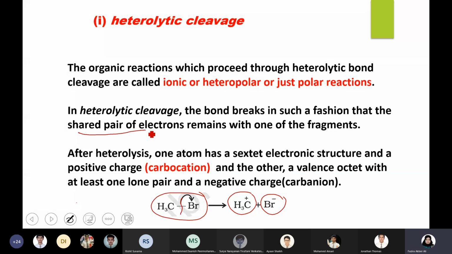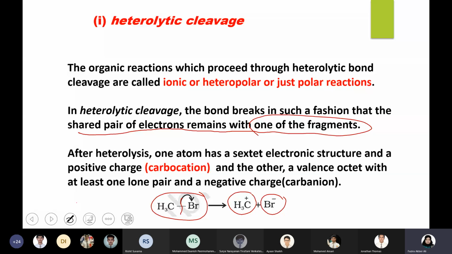In heterolytic cleavage, the shared pair of electrons remains with one of the fragments, and the pair is given to that one, meaning the other atom or fragment will not get any electron.